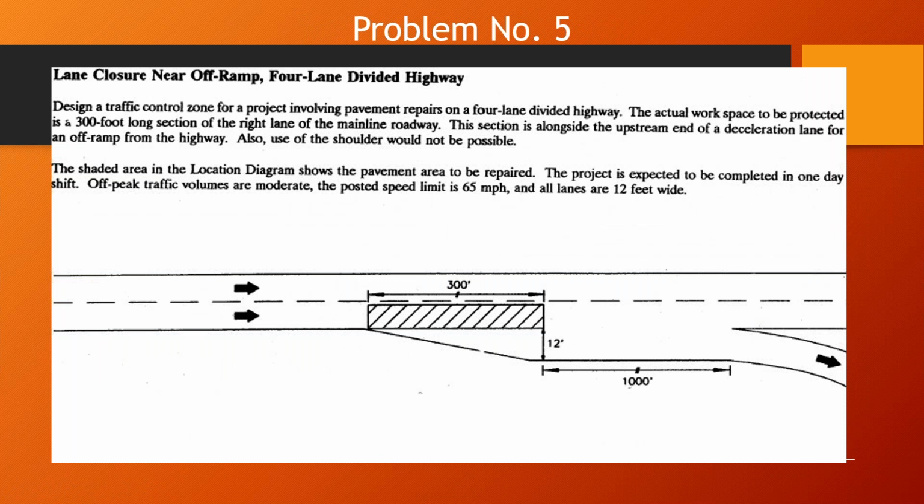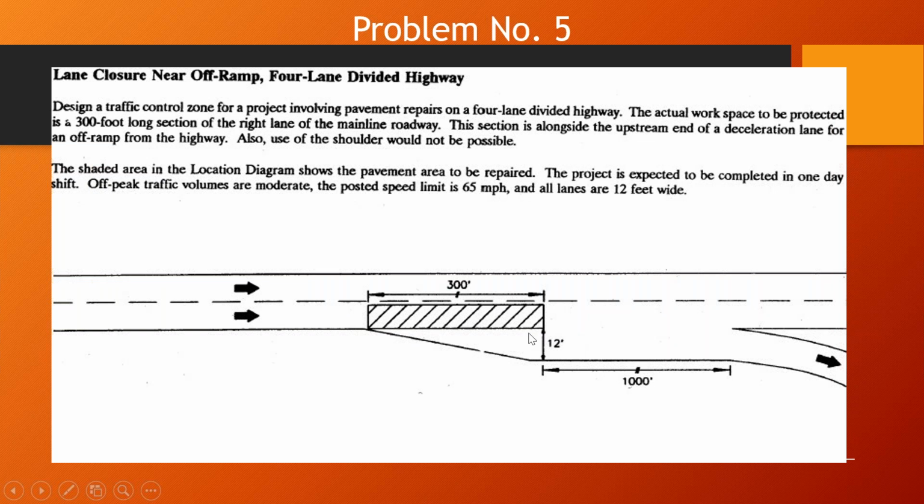Okay, let's take a look at another one. If we go back to our layout, we'd be looking at a rural 4-lane divided highway, and it's in the area of an off-ramp. So we have to close the right lane pretty much right at where the exit is.